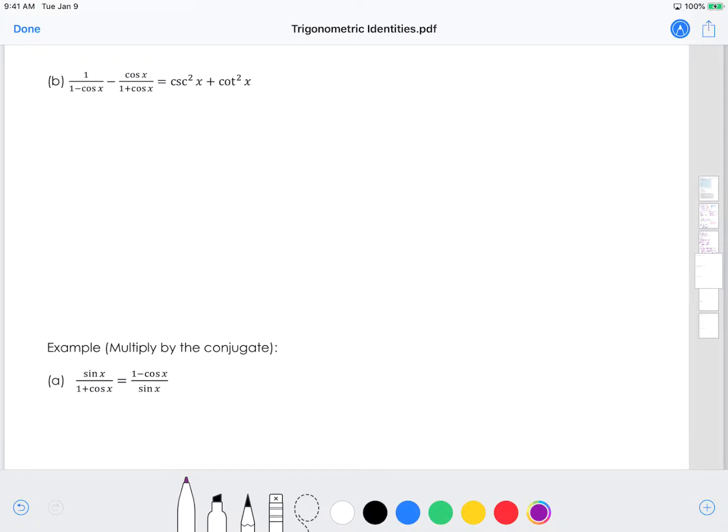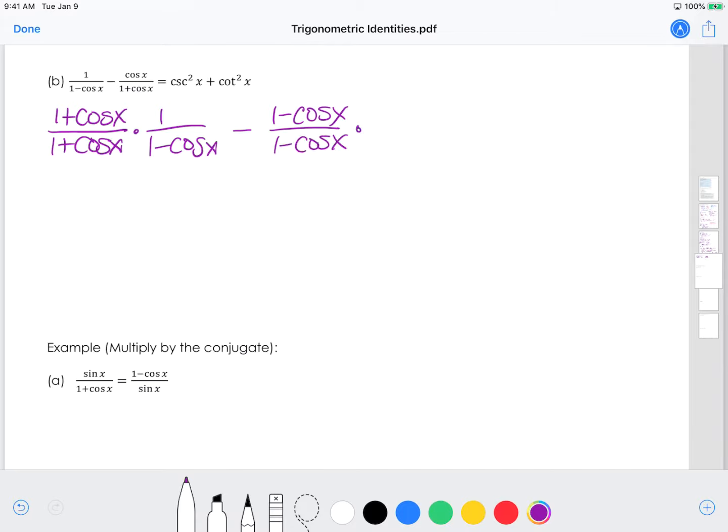So for the first fraction, I'm going to multiply the top and the bottom by 1 plus cosine x. Then for the second fraction, I'm going to multiply the top and the bottom by 1 minus cosine x, and this will give me my common denominator.